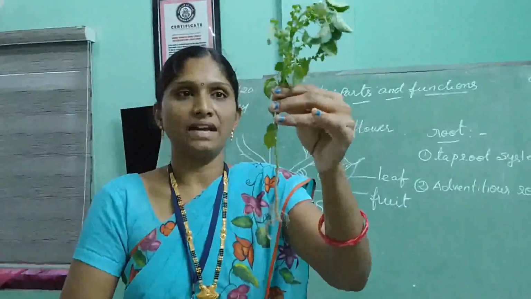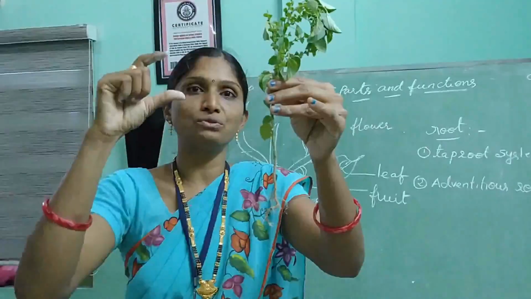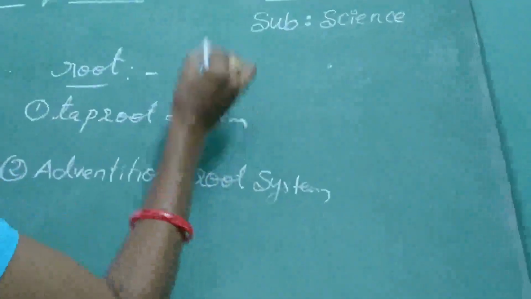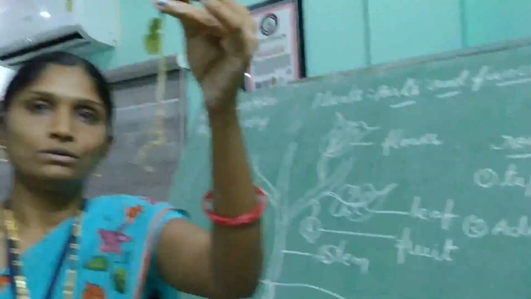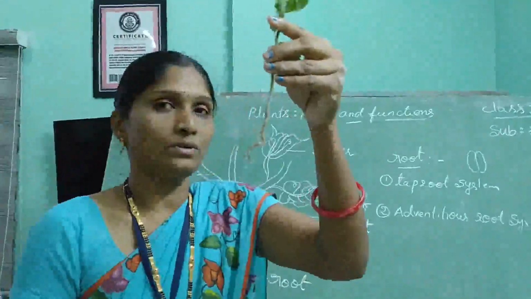And what is the meaning of dicotyledonous? These seeds consist of two cotyledons, like this. Okay. Let me explain the taproot system.